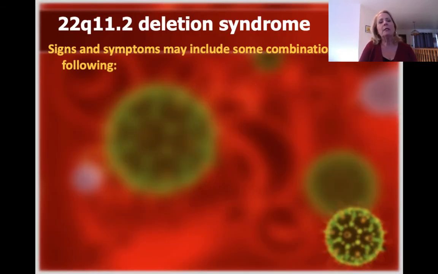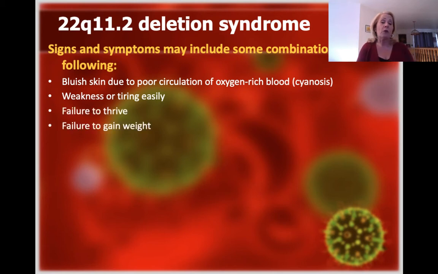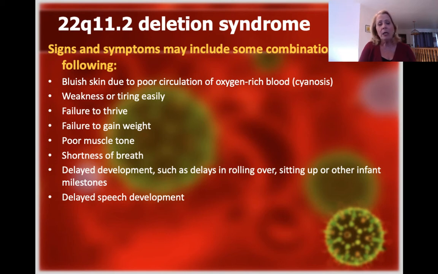Some of the signs and symptoms for DiGeorge syndrome: they can have bluish skin because they have poor circulation, they're weak, they tire easily, they have failure to thrive. So a lot of these children don't survive. Failure in weight gain, poor muscle tone, shortness of breath because of that problem.